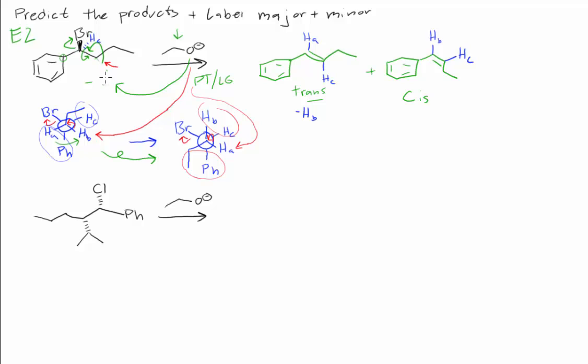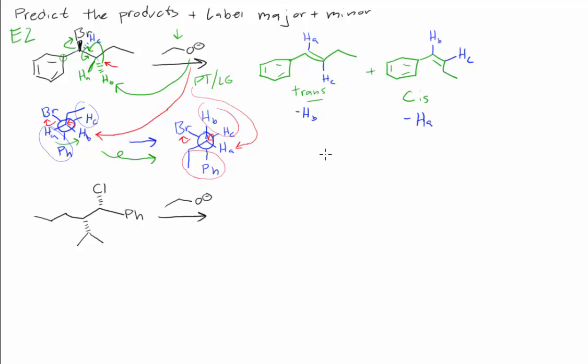I can make it so it matches and we can keep track of these hydrogens a little better. Of course, one hydrogen's on a wedge, the other's on a dash, and when I drew it, I had HA right here and HB right here. And you can double check that, but this is simply just a Newman projection drawing. And so now we see that the cis forms from loss of HA.